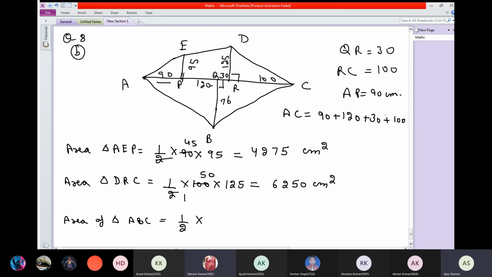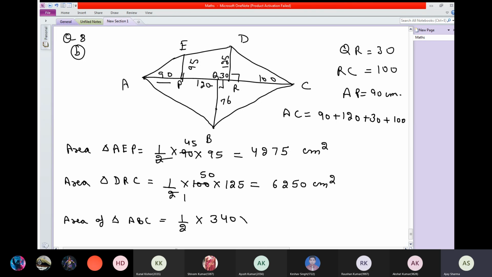This point is clear. AC is your base, and you have to add all these: 90 plus 120 plus 30 plus 100. What will the answer? Sir, 340.